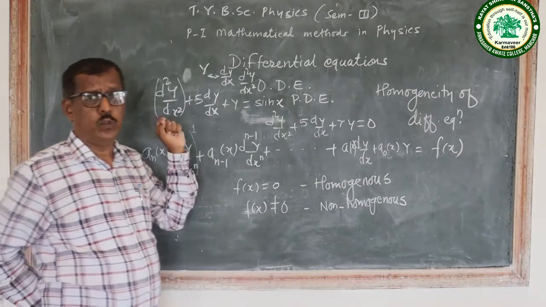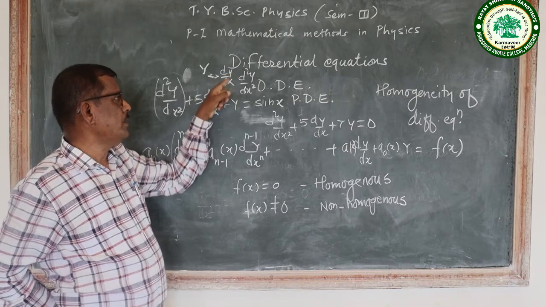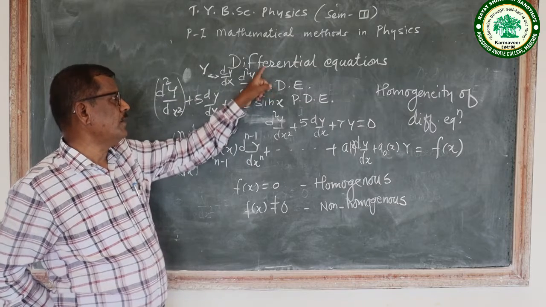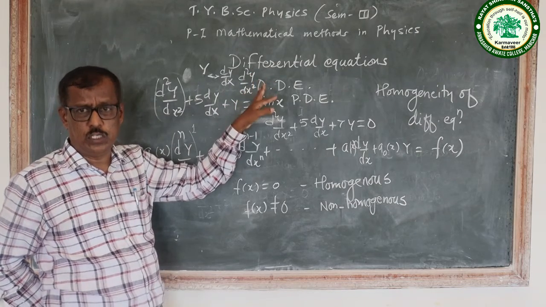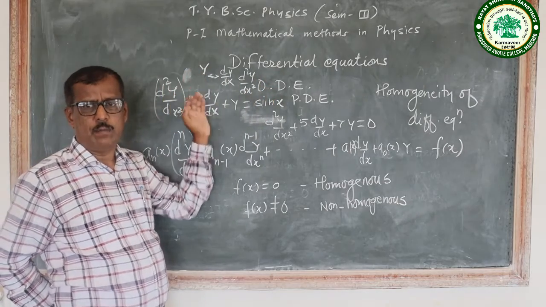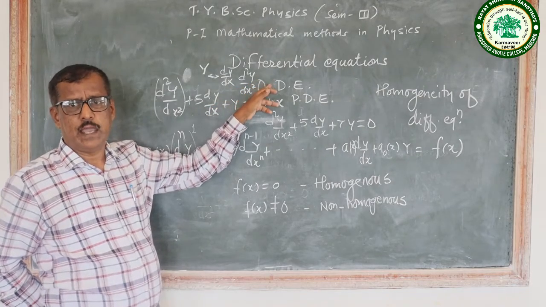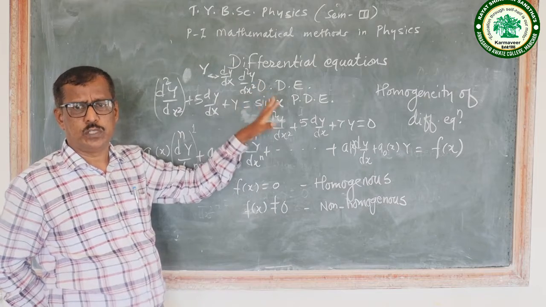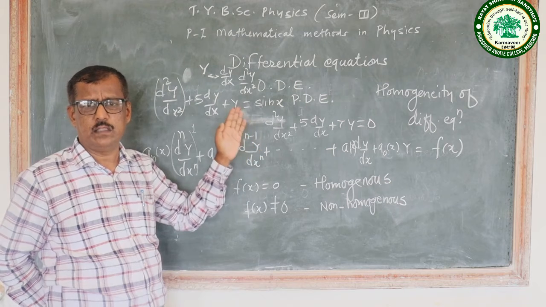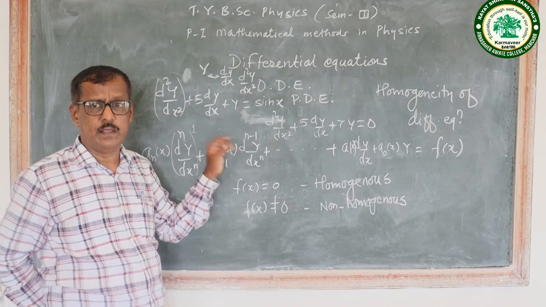If there is no power of y, no power of dy by dx, or no power of d2y by dx square, or no power of d cube y by dx cubed, if there is only a single power for y, dy by dx, d2y by dx square, or d cube y by dx cubed, then and only then we call it a linear differential equation.